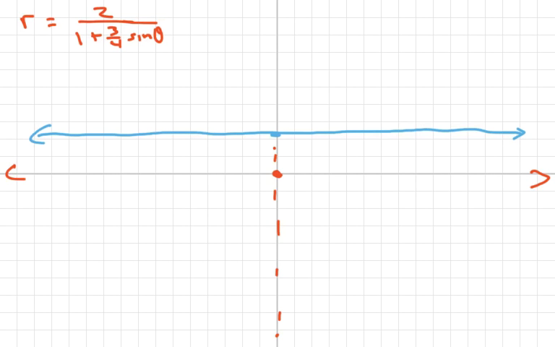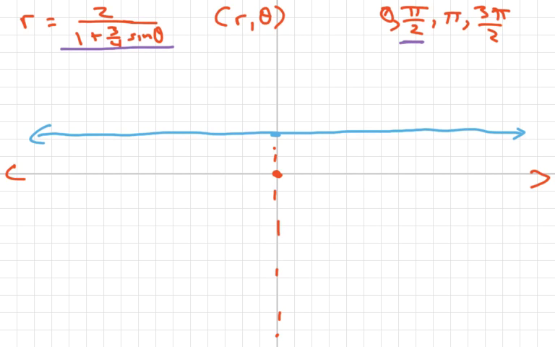And we're using polar coordinates now. Remember, r, comma, theta. I'm going to be using 0, pi over 2, pi, and 3 pi over 2 to find key points. And I'm going to plug them into this equation. I'm first going to use these two. So when you plug in pi over 2, sine of pi over 2 is 1.